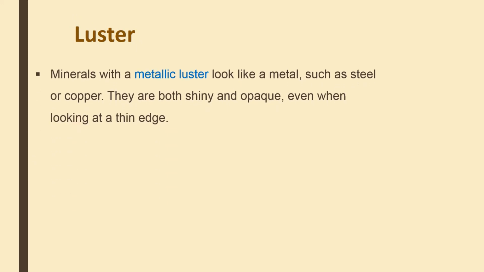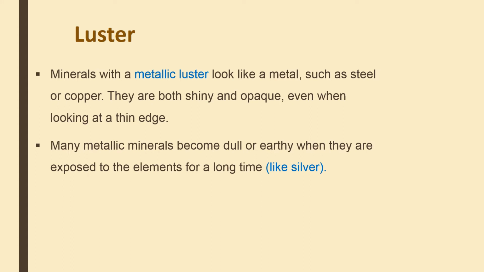Minerals with metallic luster look like a metal, such as steel or copper. They are both shiny and opaque, even when looking at a thin edge. Many metallic minerals become dull or earthy when they are exposed to the elements for a long time, like silver.